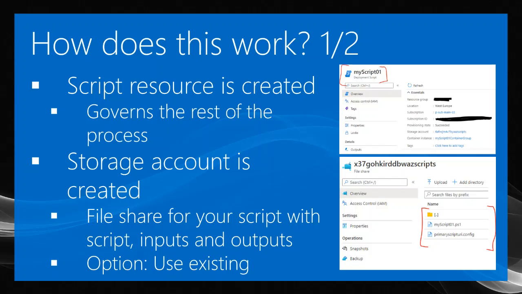And it's a very simple resource that stays there to represent your script. But it has a very important job because it governs the rest of the deployment process of your script. Because what actually happens, this deployment script resource will then be responsible for deploying two other resources.